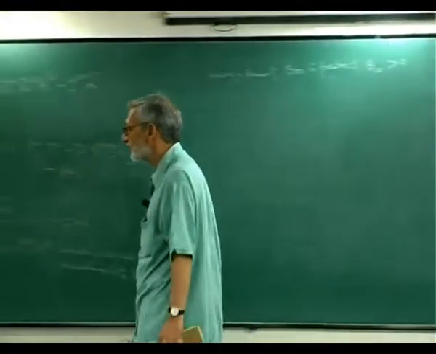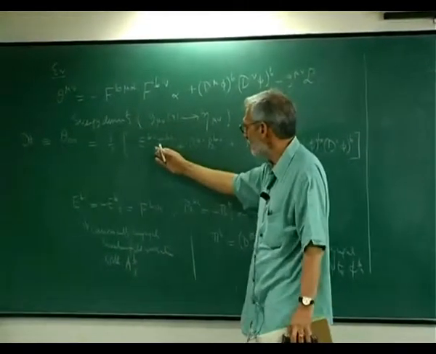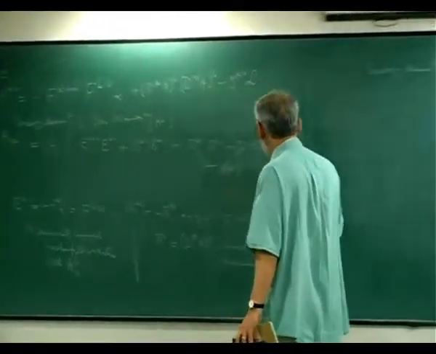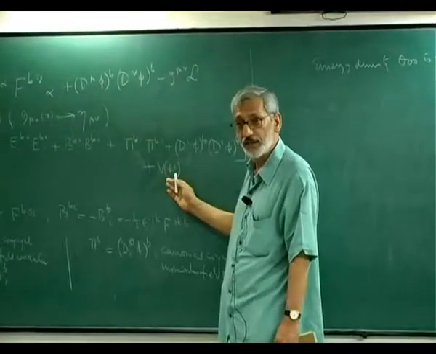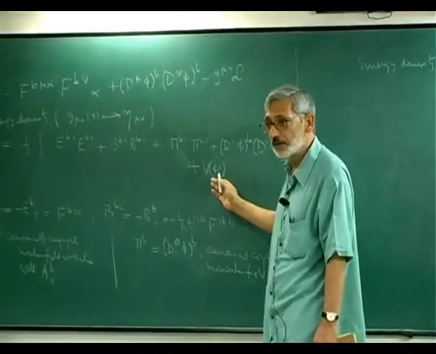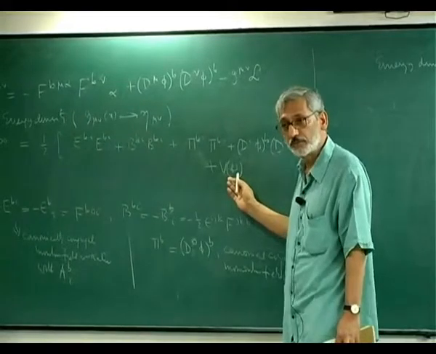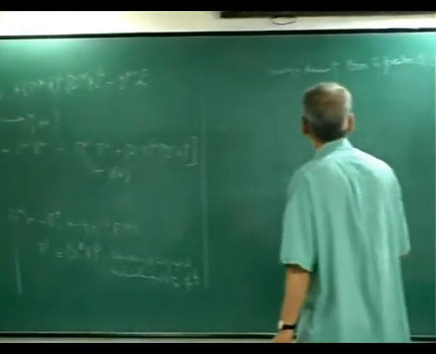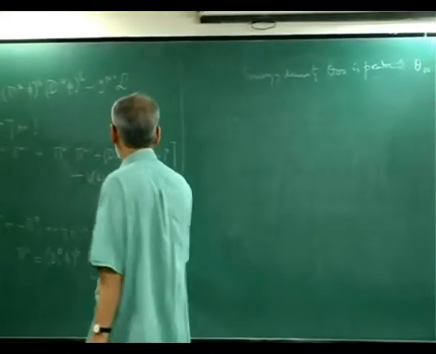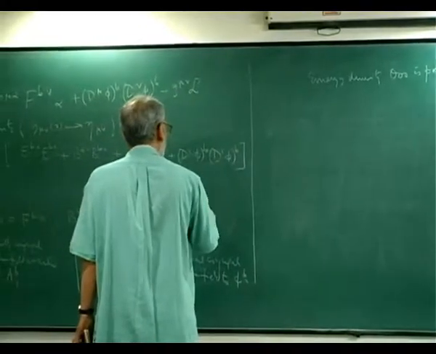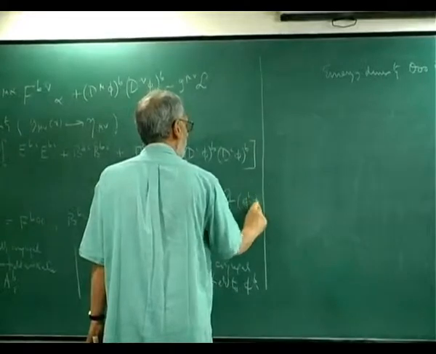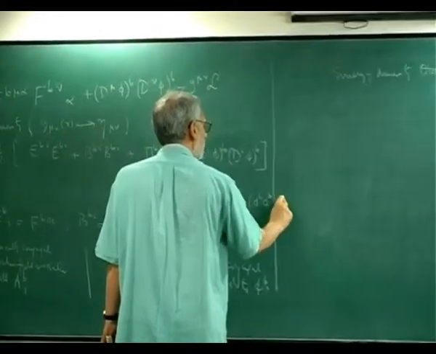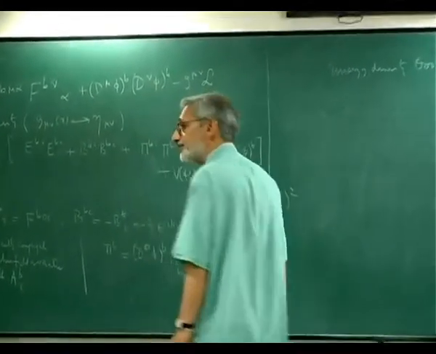That's because it is a sum of squares plus V(phi). And V(phi), the way we had written it, was positive, because V(phi) was lambda by 4 times (phi^B phi^B minus a squared) squared.